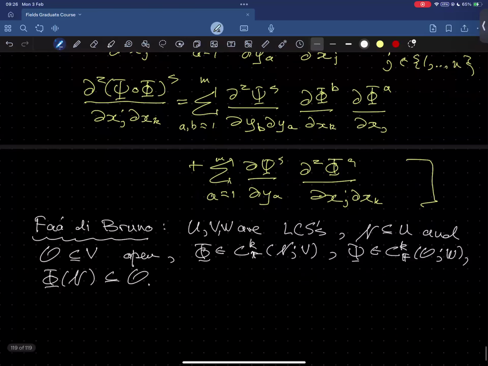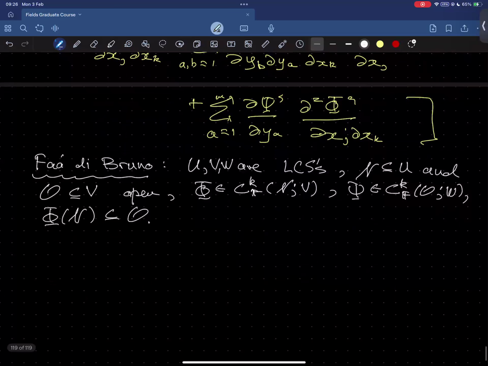It's the same as the setup for the higher order chain rule that I did last time. All right. So you need to introduce something combinatorial here, and as I said, there are multiple ways of doing this. We're going to work with partitions of sets.